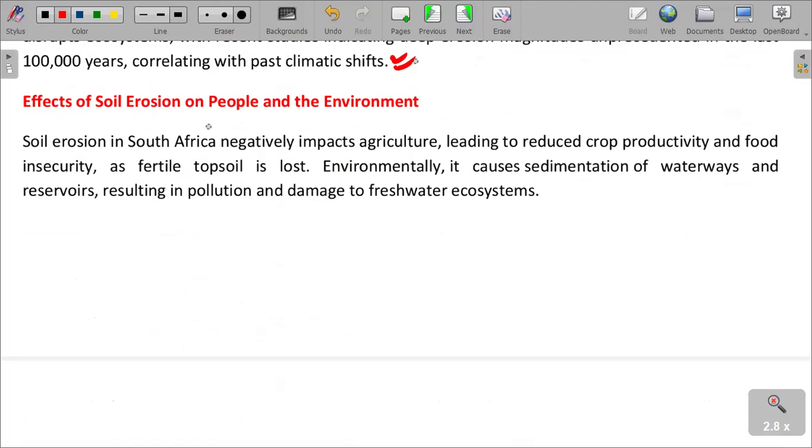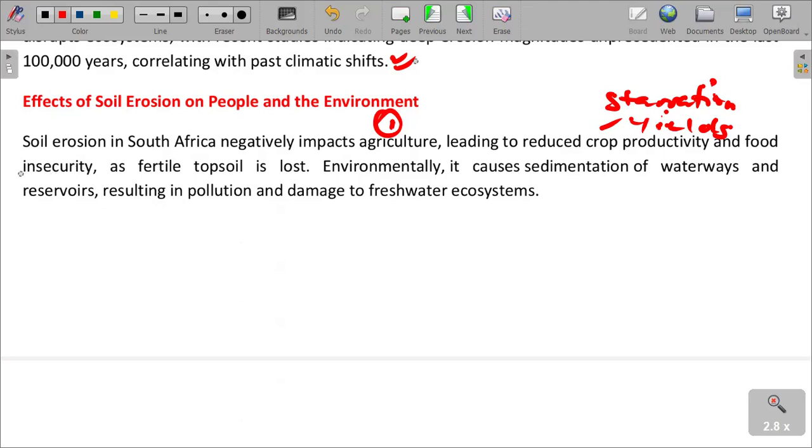And then effects of soil erosion on people and the environment. We have already mentioned that it affects our agriculture because arable land is lost. It also reduces crop production, which causes starvation because of reduction in agricultural yields, which are reduced because of erosion, and food insecurity.